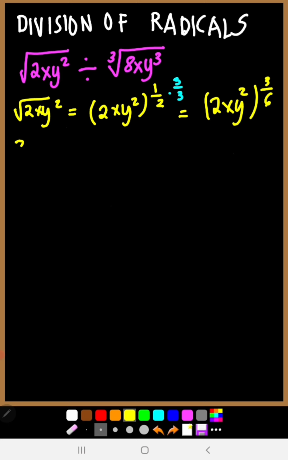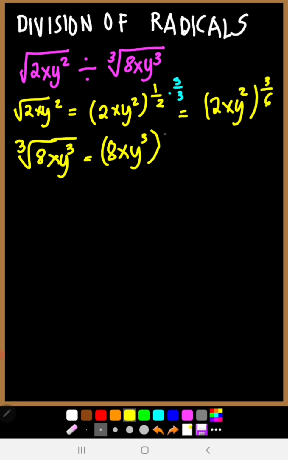Yung cube root of 8xy cubed naman, so magiging (8xy cubed) raised to 1/3. So, multiply natin siya ng 2 over 2. So, magiging (8xy cubed) raised to 2 over 6. Okay? So, ibalik na natin sila sa radical.